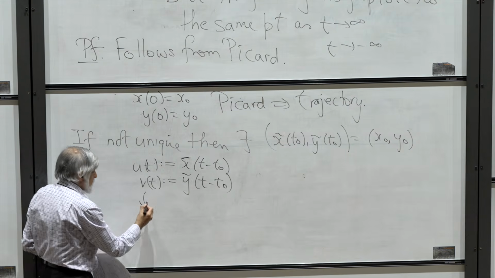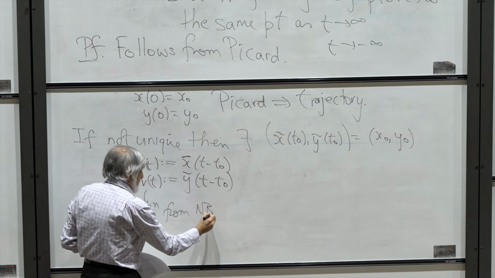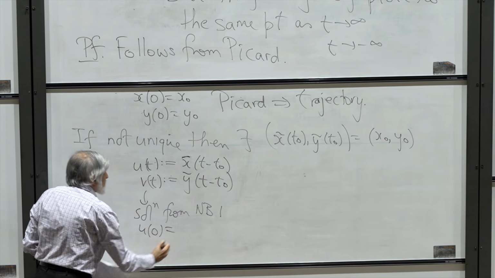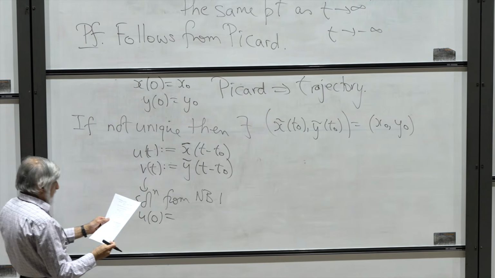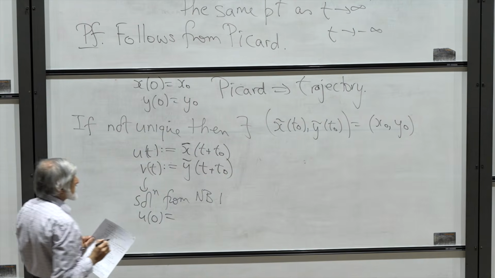So this is the solution from the first part, from NB1, and u of naught is going to be, sorry, I've got this the wrong way around. That should be pluses and pluses.